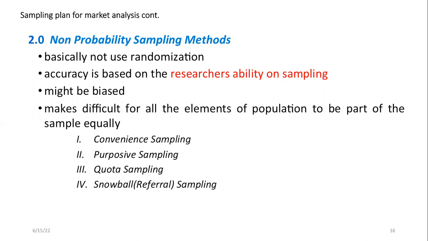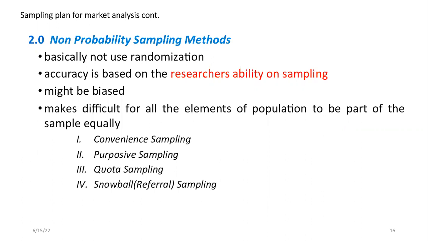Accuracy depends on the researcher's ability in sampling and might be biased, because we are going to select one or two samples based on our knowledge. But in the first one, probabilistic sampling, we select randomly. Here it is difficult for all the elements of the population to be part of the sample.